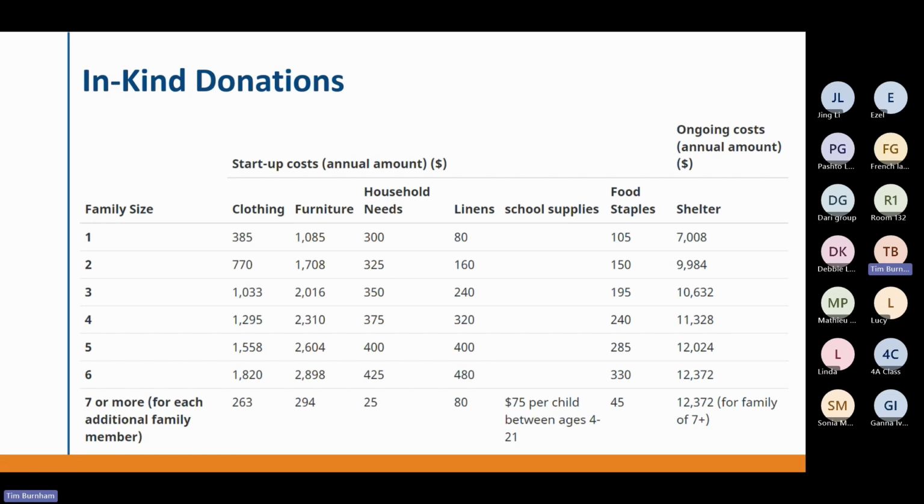It is possible to reduce how expensive it is to bring a refugee to Canada through donations. So if you donate something to the refugees, then it will cost less money to sponsor them.